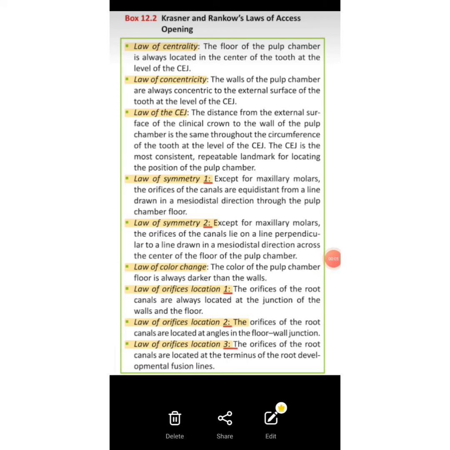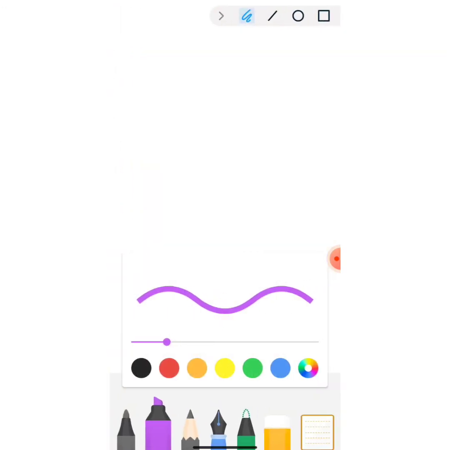Law of color change states that the color of the pulp chamber floor is always darker than the walls. See, if this is the tooth, the one drawn with yellow will be the dentine, because dentine is yellower.